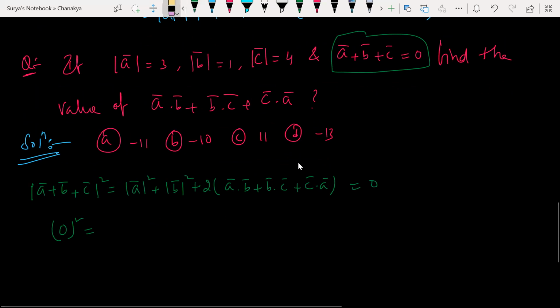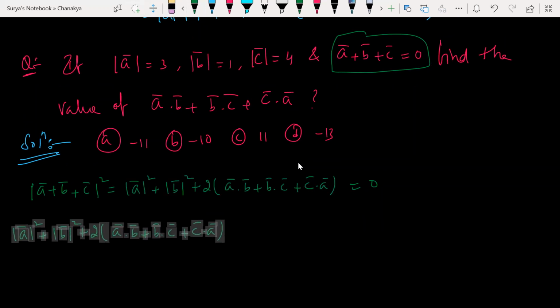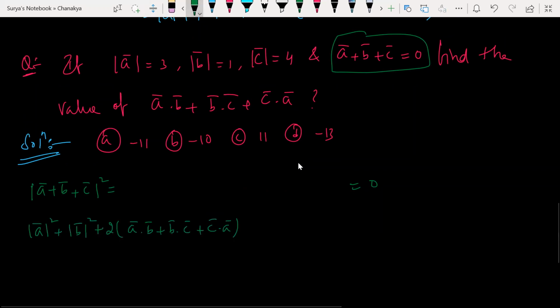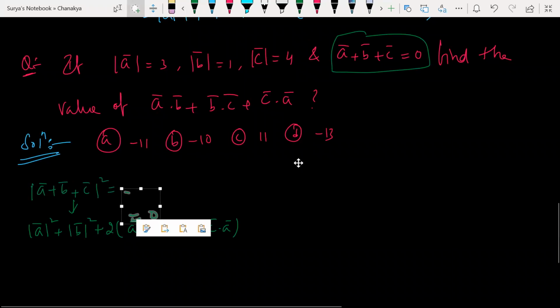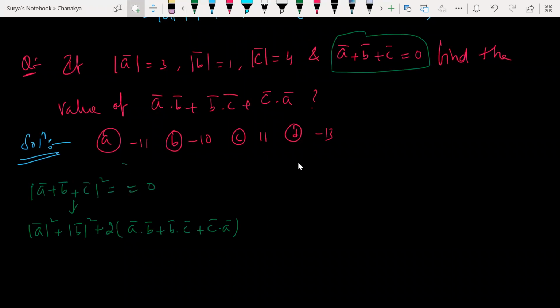Can I write like this? Isn't it, people? Hello? Yes, sir. Now I can write like this, right? Now this is equal to this, and this is equal to what? Is equal to 0. 0 square is equal to 0, isn't it?